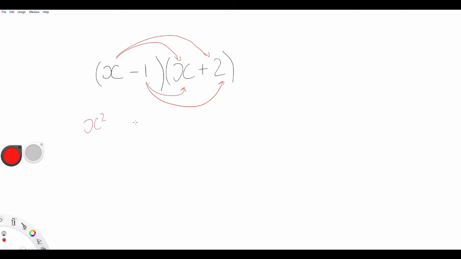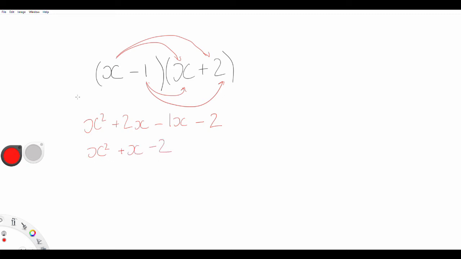X times plus 2 is going to give us plus 2x. We then have a negative 1 times x, so that's minus x. And then minus 1 times plus 2, which is minus 2. And then we can neaten that up and say x squared, then have a positive 2x and a negative x, so that's plus x minus 2.